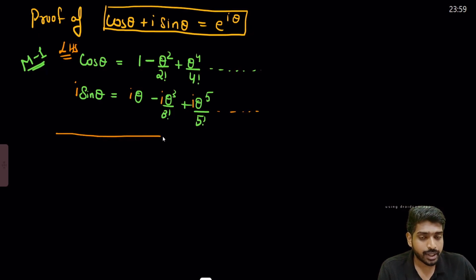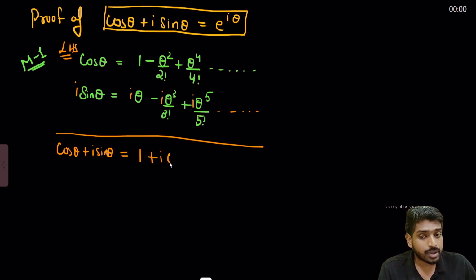Now, sorry, we'll add both the equations. So what I'll get here, cos theta plus iota sin theta is equals to 1 plus iota theta, next minus theta square by 2 factorial minus iota theta cube by 3 factorial plus theta to the power 4 by 4 factorial plus iota theta to the power 5 by 5 factorial and so on.